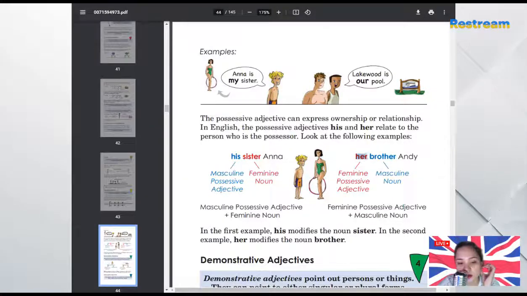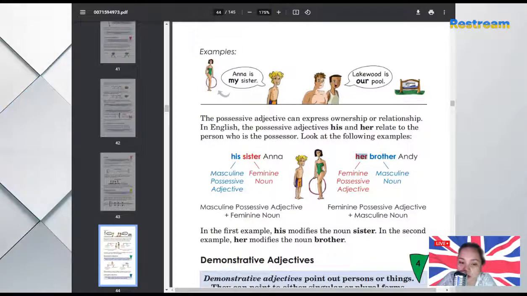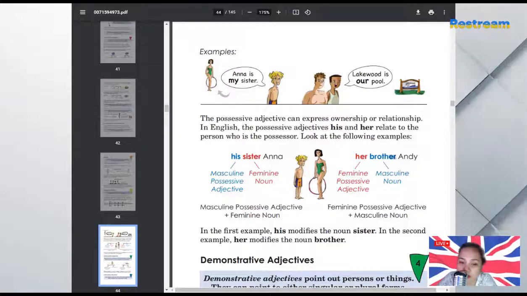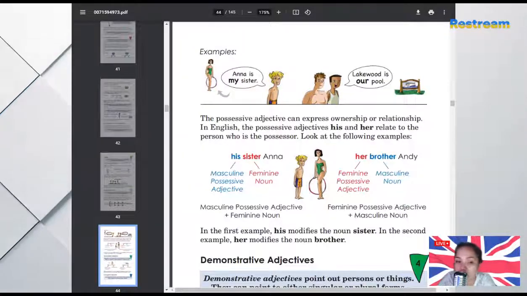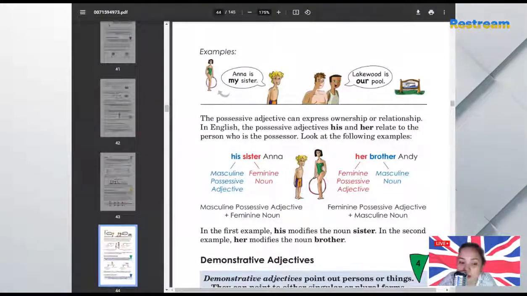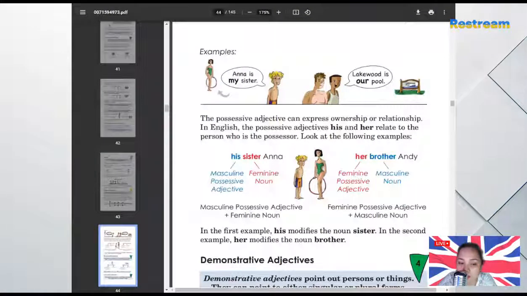Next, her brother Andy. Here we have the feminine possessive adjective, which is her, while the masculine noun is brother, and Andy. So basically the her and the brother, and even the sister and his, are under the possessive adjective.